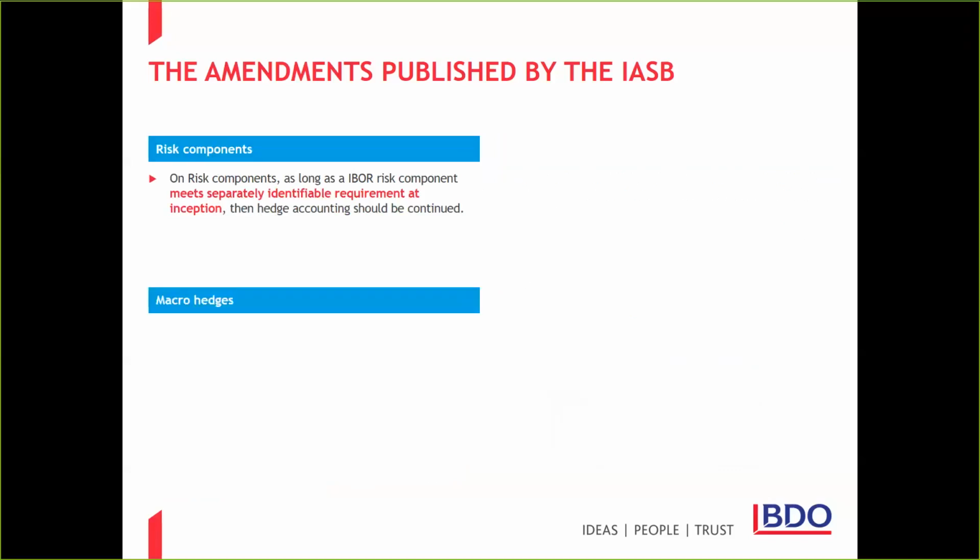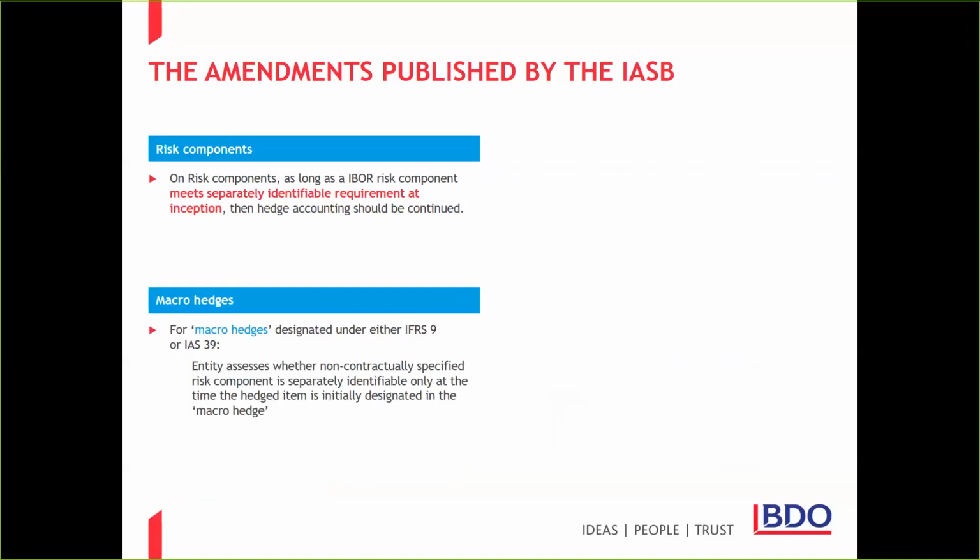In a similar vein, on macro hedges under IAS 39, one is again typically required to assess whether the macro hedge's risk component is separately identifiable on an ongoing basis. But with the amendments, one only does this at initial designation for risk components that are based on interbank offered rates. That is to say, it is not a continuous assessment over the life of the macro hedge.